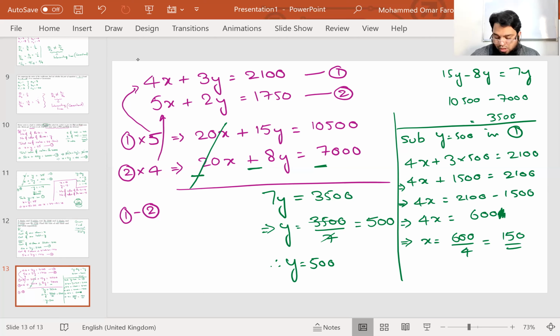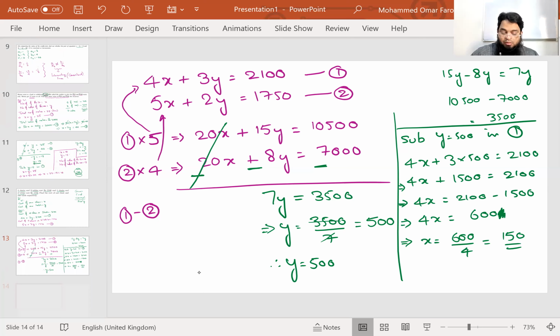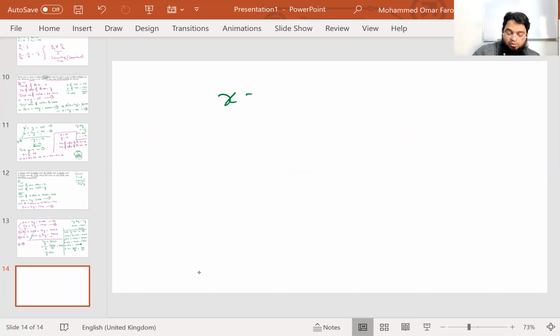So we got x equals rupees 150 and y equals rupees 500.